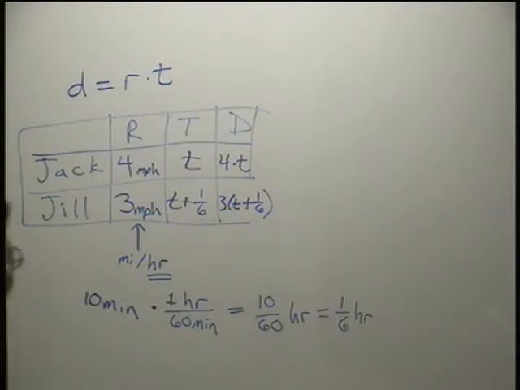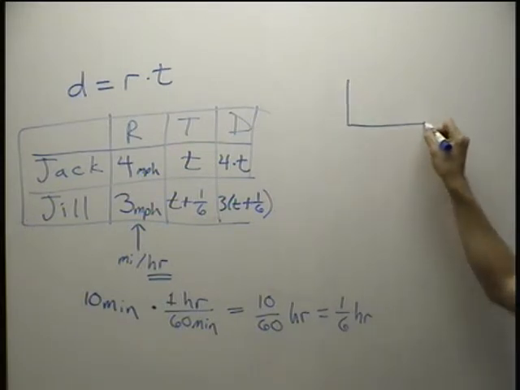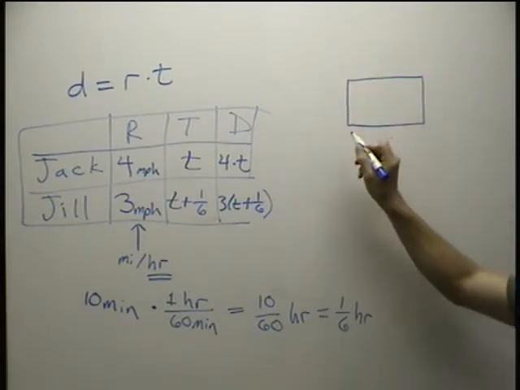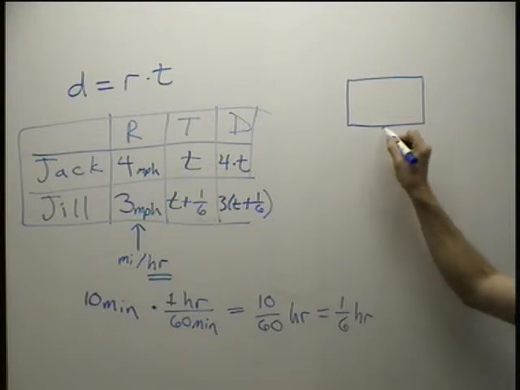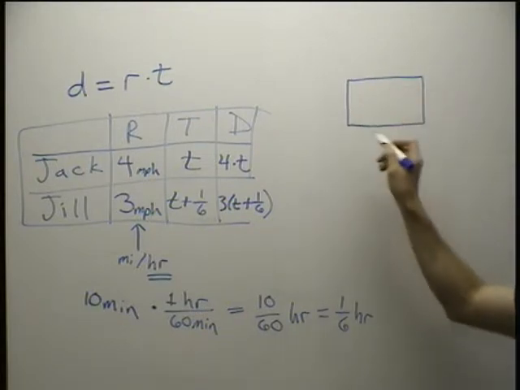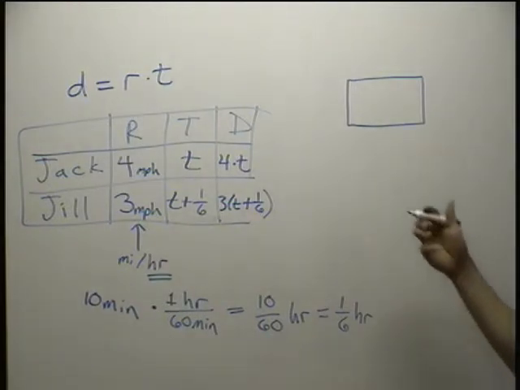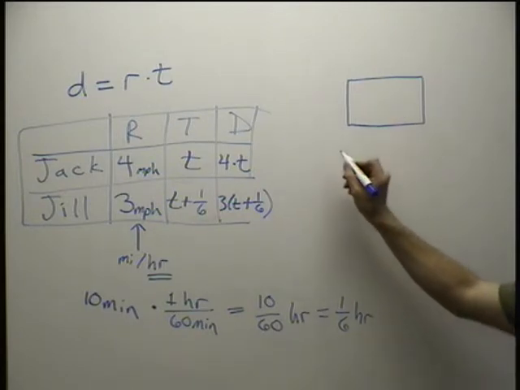Well, the distance around the block, if we draw a picture, Jack walks around the block, and Jill also walks around the block. So that means, since they walk around the same block, their distances are equal.